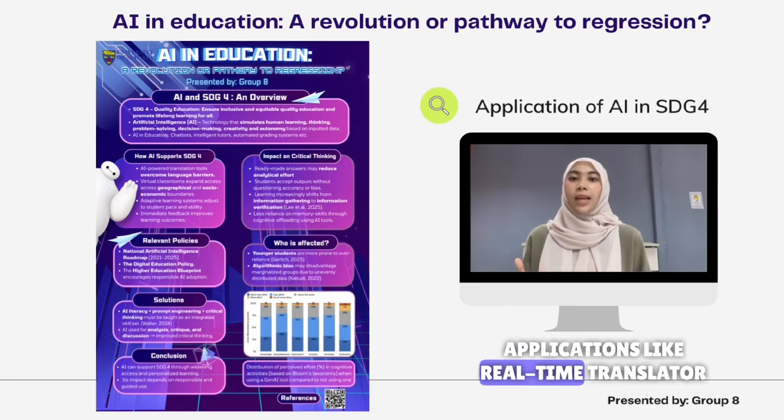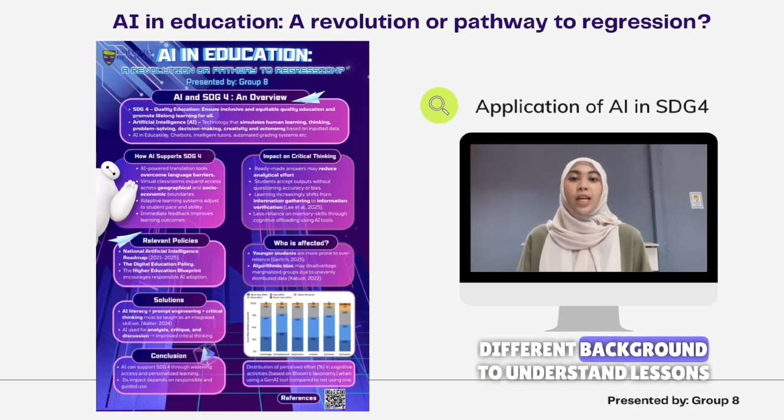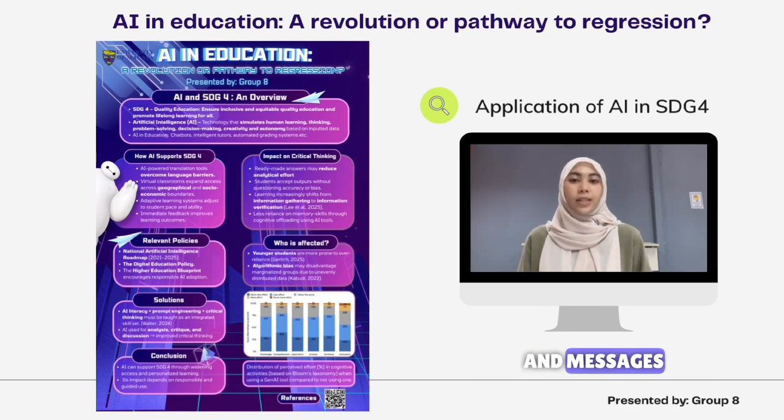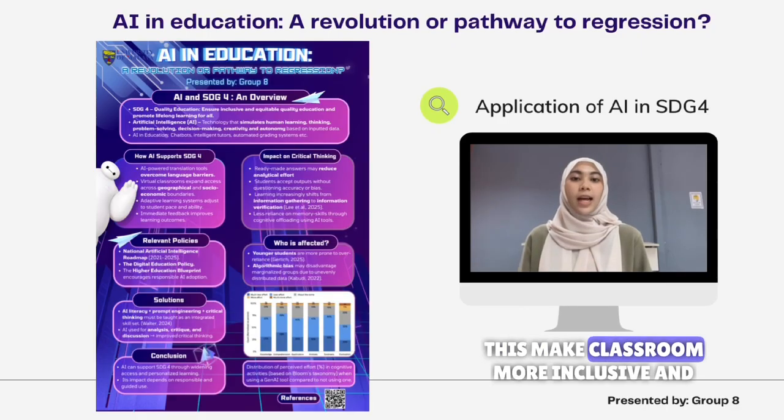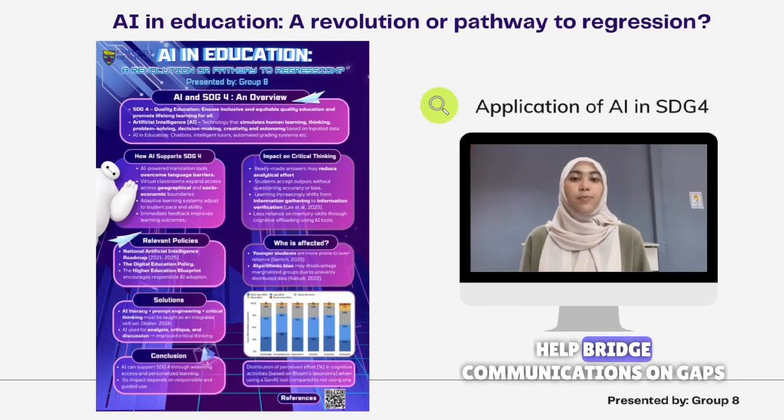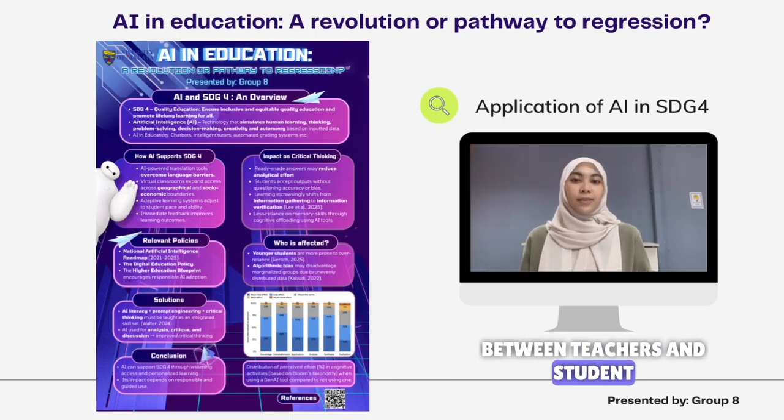Applications like real-time translators or AI-assisted learning platforms make it easier for students from different backgrounds to understand lessons and materials. This makes the classroom more inclusive and helps bridge communication gaps between teachers and students.